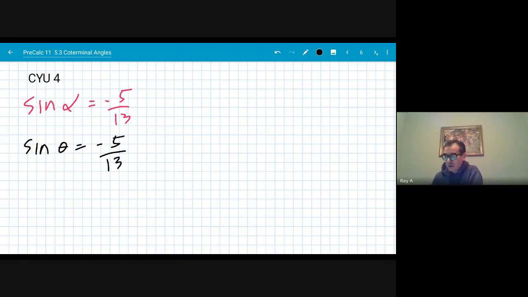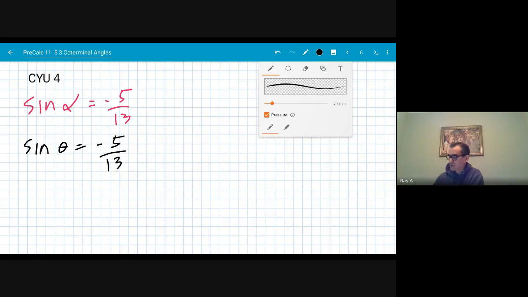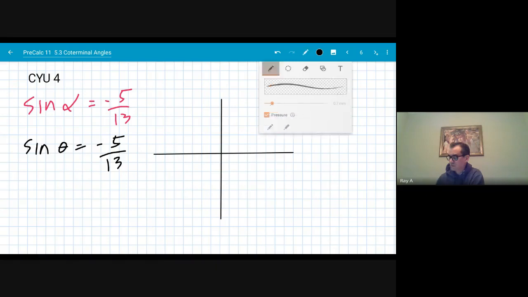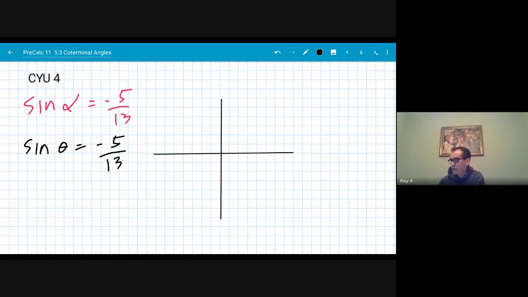As you think about what the angle theta is going to be, begin by asking yourself, in what quadrant is your theta going to be, knowing that the sine ratio is negative. Once again, we think about CAST.